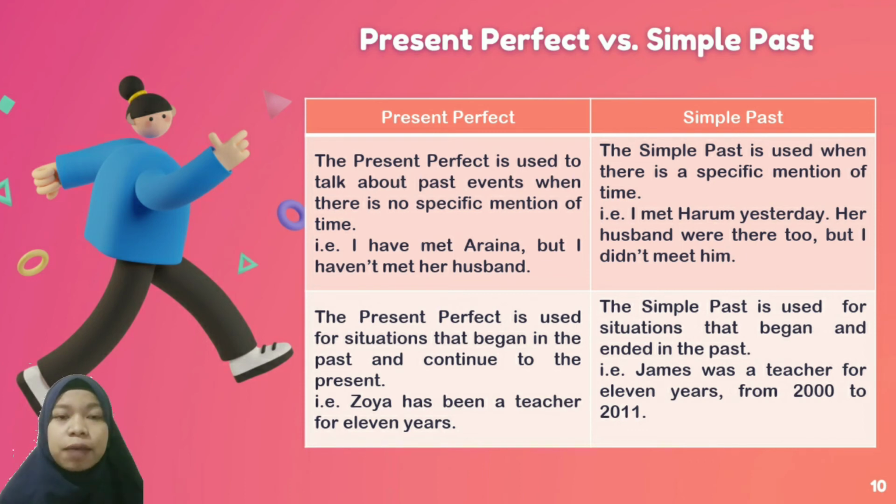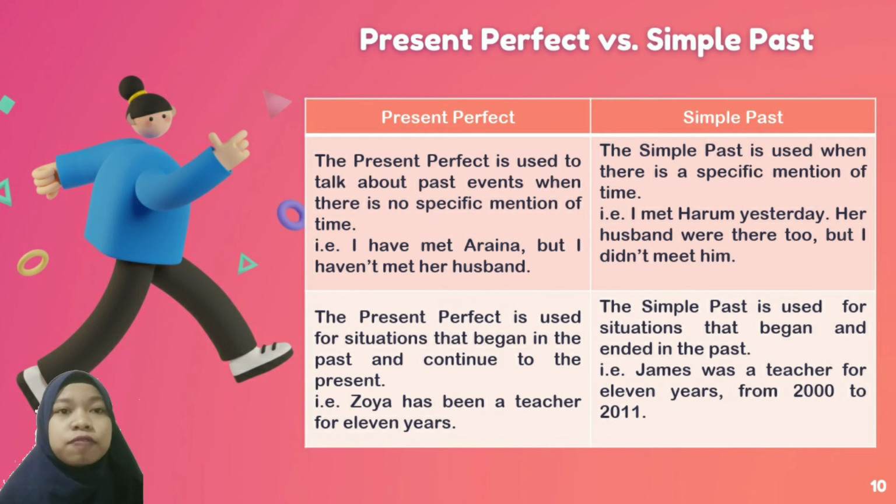In example, I met Harum yesterday. Her husband was there too, but I didn't meet him. You can see that there is no specific time in present perfect. And in simple past, there is a specific mention of time. I met Harum yesterday. Yesterday is the specific mention of time.